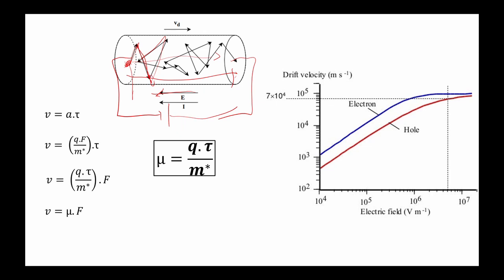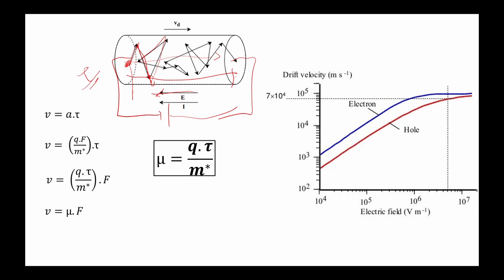Let us assume that the average time between two collisions, the average collision time, is tau.